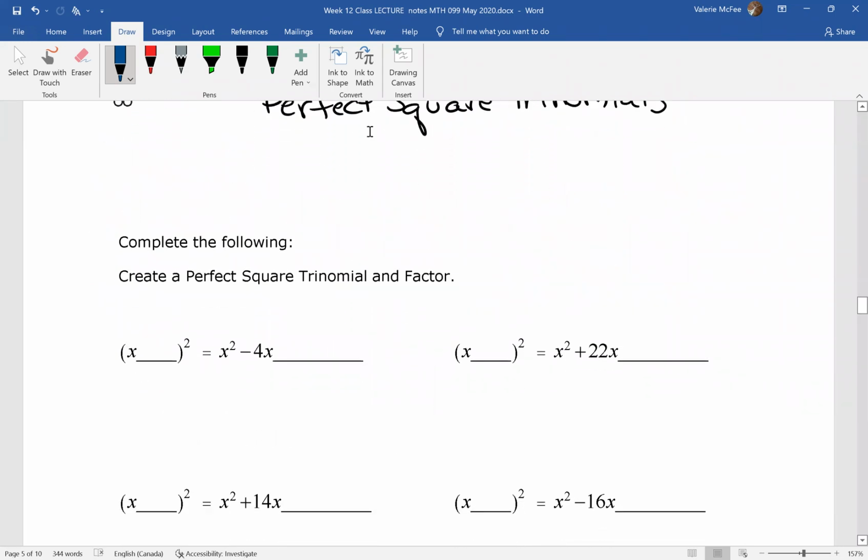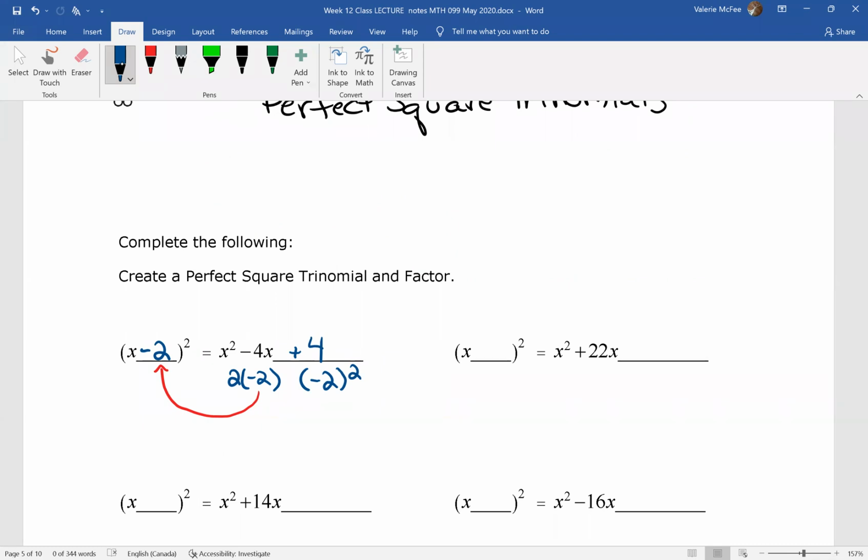So I can think about this negative 4 as 2 times negative 2. And then I know that this negative 2 is part of the binomial that was squared. That negative 2 also gives me the final term in my perfect square trinomial.